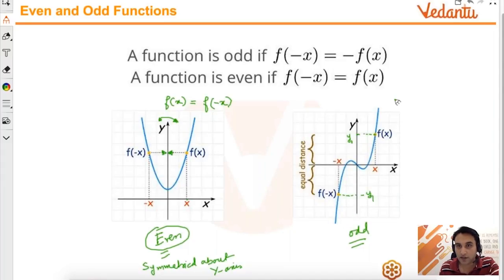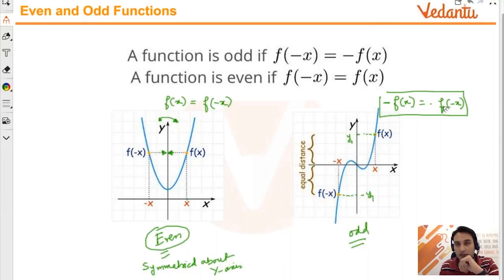In other words, if the value of the function at x is f of x, then the value at minus x will be negative of f of x. Okay, cool. So this is the definition. f of minus x is equal to minus f of x, then the function is odd.